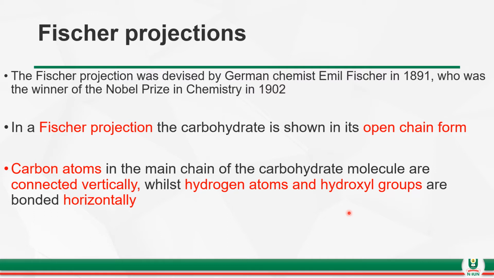Remember we said that glucose contains C6. The formula of glucose is C6H12O6. So these 6 carbon atoms are bound together. Then you have hydrogen atoms and hydroxyl groups bonded and joining them to form the glucose.